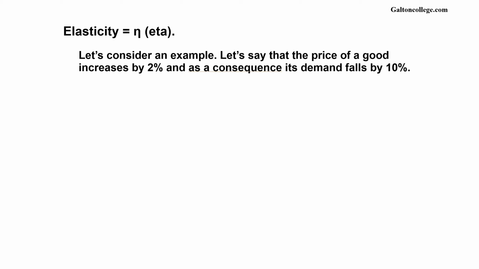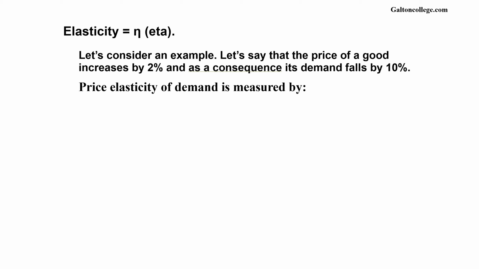Now let's consider an example. Let's say that the price of a good increases by 2%, and as a consequence, its demand falls by 10%. So something goes up in price by 2%, and its demand falls by 10% because of the increase in the price. Let's just say that happens.